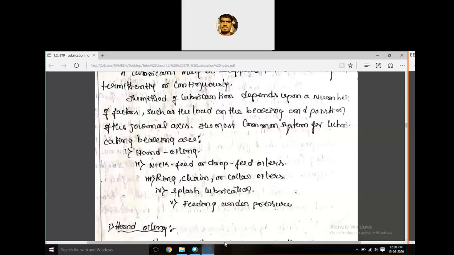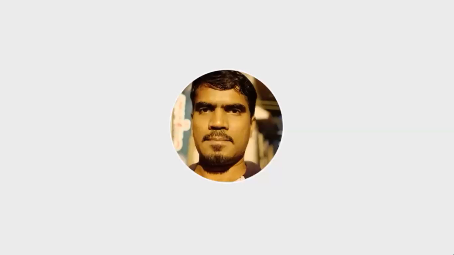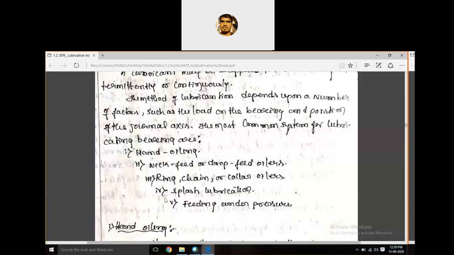The continuous supply of liquid lubricant is one of the conditions necessary to ensure fluid film lubrication. Such a supply may be obtained by means of a ring, chain or collar oiling, as well as by splash lubrication. Both lubrications are by feeding the bearing under pressure. That's why it is called wick feed or drop feed oilers.